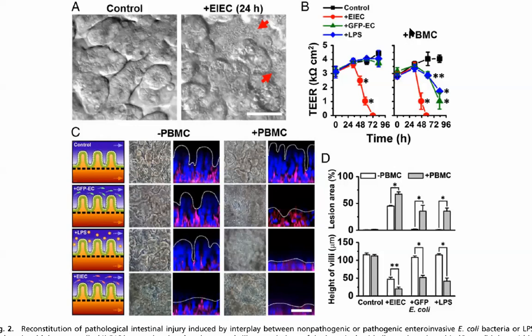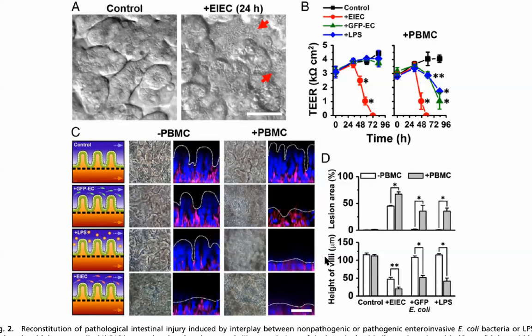When they introduce these cells to the upper channel at the same time, they can see not only the bad bacterial group caused this severe damage, but also the good bacteria like the GFP E. coli or the LPS, the endotoxin. And the morphology, we can see the structure was totally destroyed.